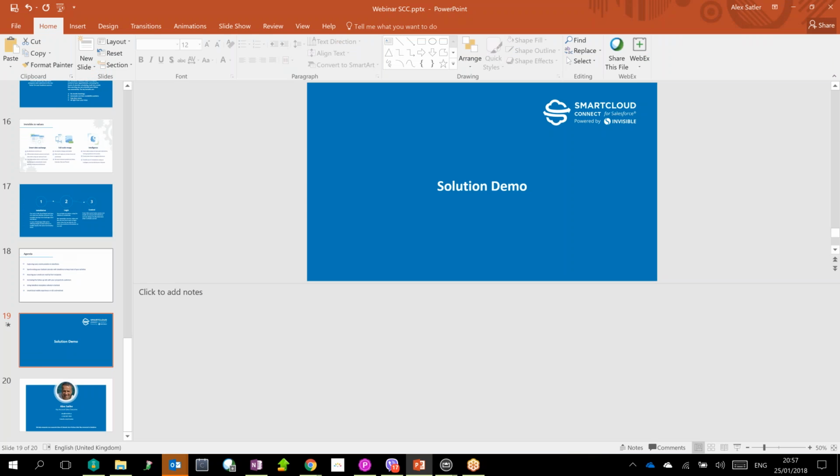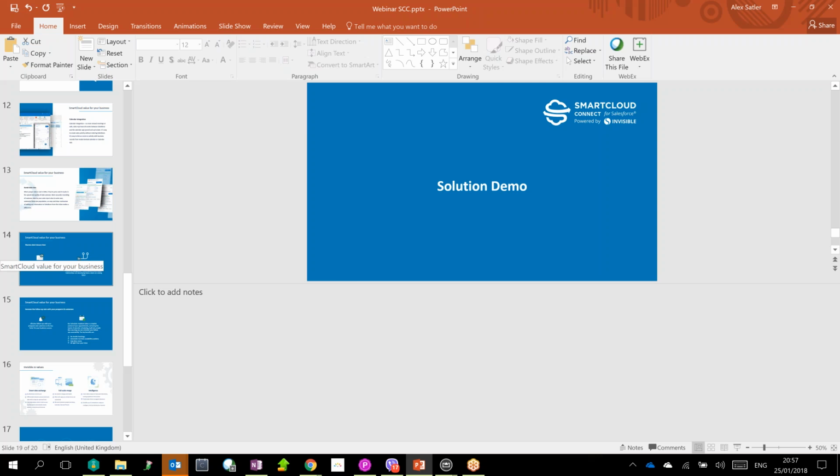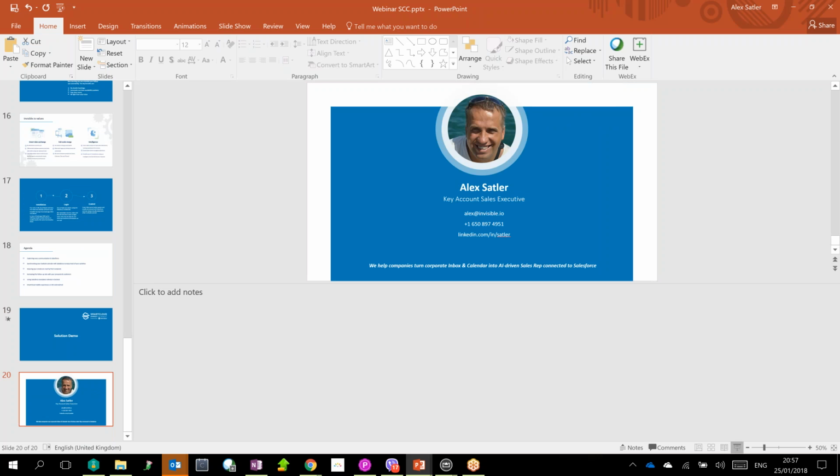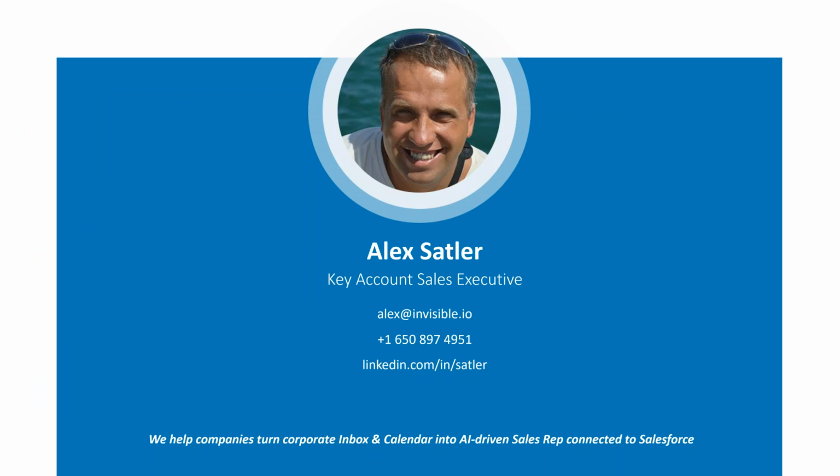SmartCloud is here not to integrate just your data, but your business processes. And we would be happy to help each one of you with your business processes integration. These are my details. Alex Sutler, my email, alex@invisible.io, my phone number, +1 for the US, 650-897-4951. And also feel free to add me on linkedin.com/in/Sutler.